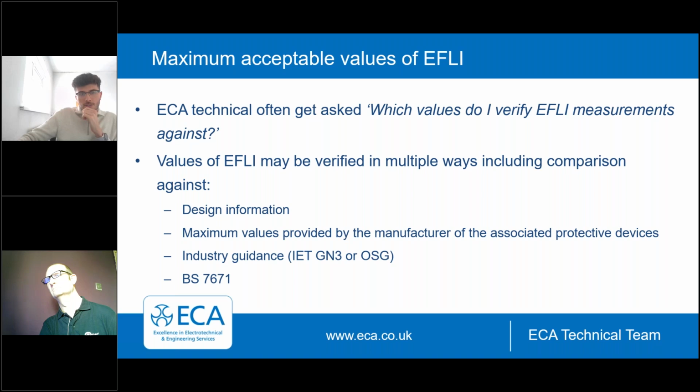So let's start with an outline: values of Earth Fault Loop impedance can be verified in multiple ways, including comparison against design information. If you've got a brand new installation, it may be that you've got design information available to you for predicted values. You can verify them against the maximum values provided by the manufacturer of the associated protective device.